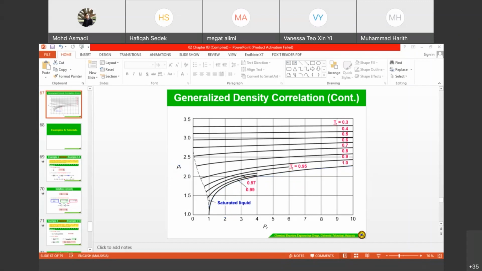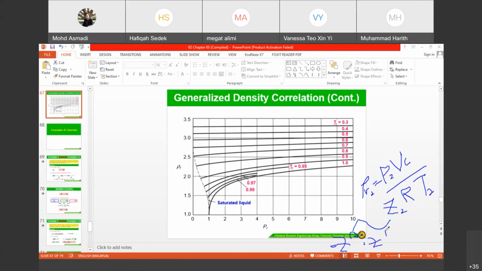So how to determine rho R2? From the equation that I derived, just rearrange and you get the final equation: rho R2 equals P2 VC divided by Z2 R T2, where Z is the total Z. You have to determine Z naught as well as Z prime using the Lee-Kessler correlation.